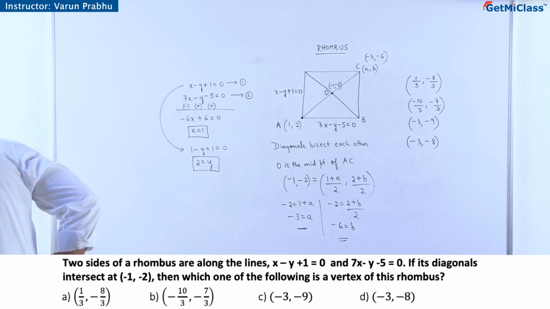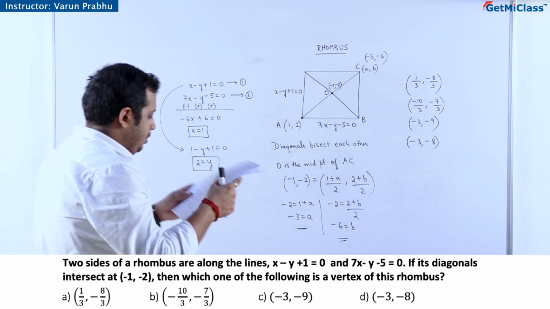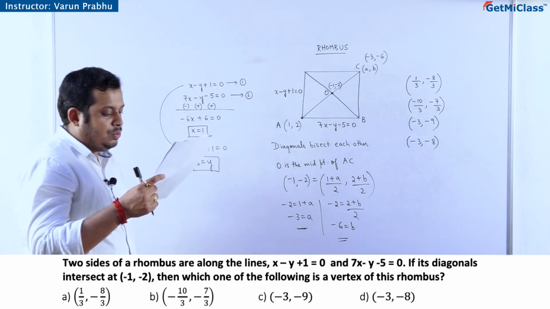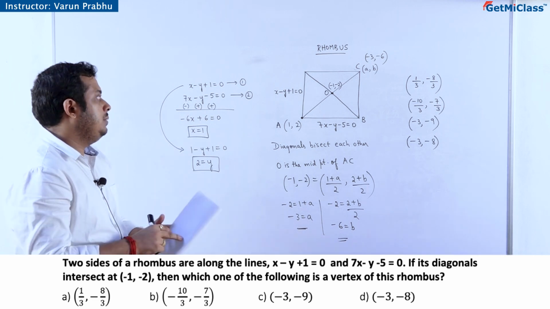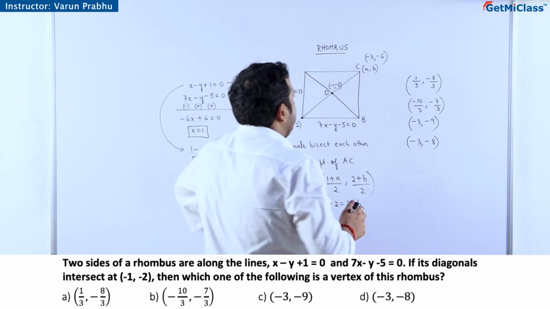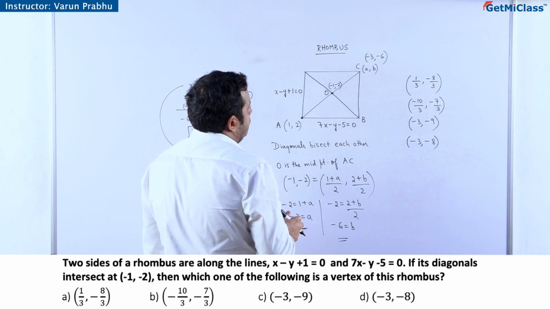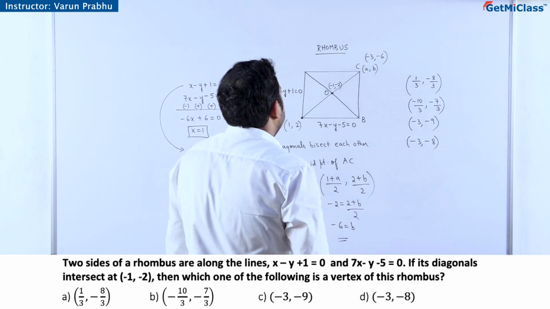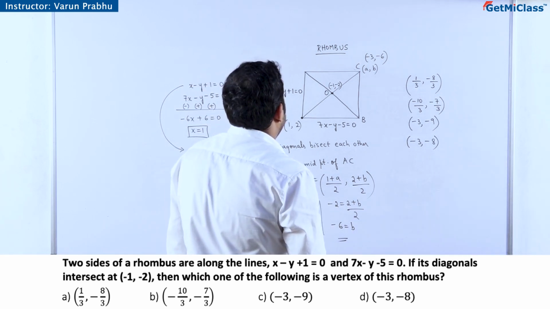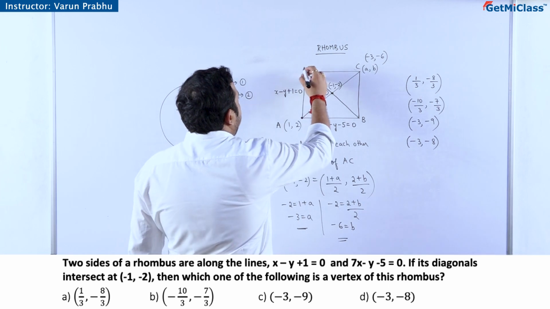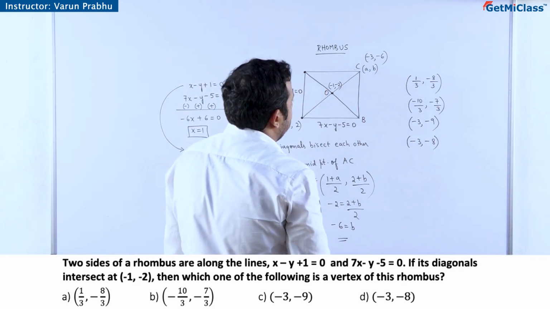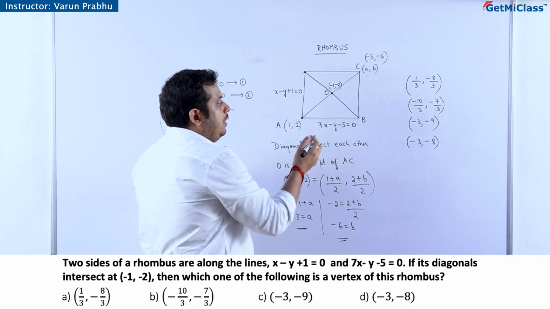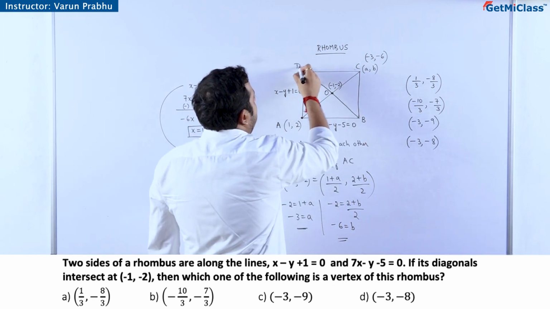So now let's look at the question. Minus 1, minus 2. Which of the following is the vertex of the rhombus is the question asked. Now if you see here, students, this is BD, right?